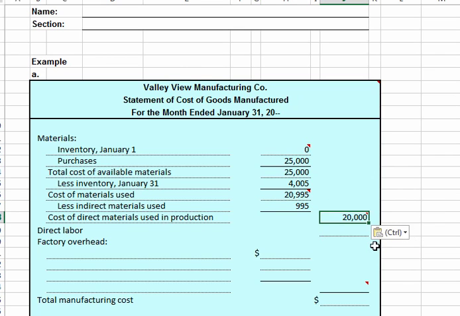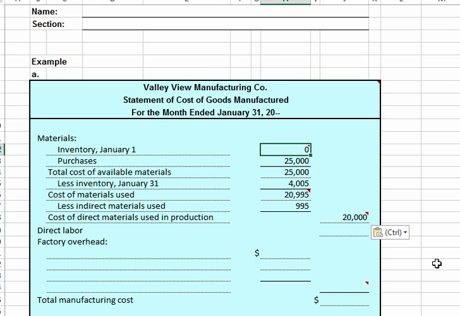In our example, $20,000. That section of your exercise 1-7 would be worked out the same way. You just have to pick up your purchases, ending inventory, indirect materials, and beginning inventory. Those numbers come from the problem itself.